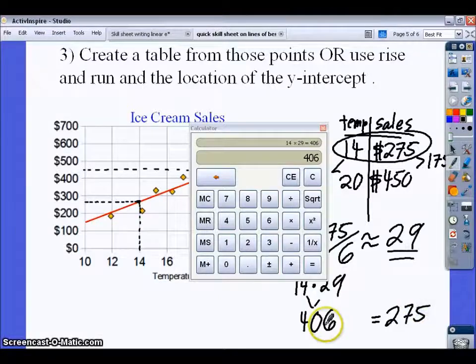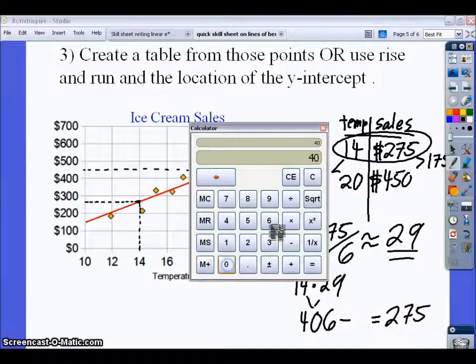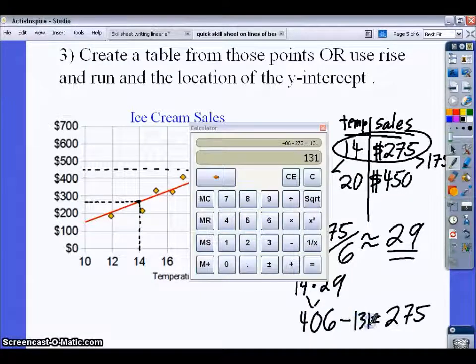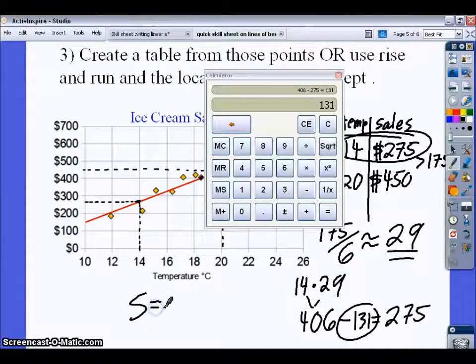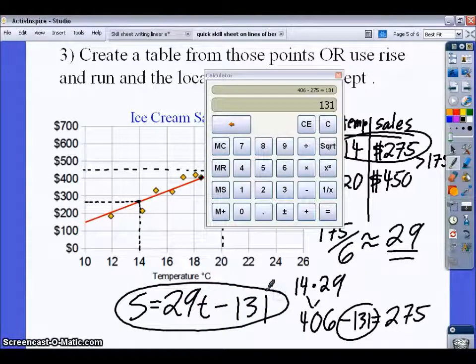So if I'm going from 406 to 275, I must be subtracting. I'll subtract these two numbers, 406 minus 275. I must be subtracting 131 from 406. So negative 131 is my y-intercept. So we'll say sales equals 29t minus 131. Now that's my equation.